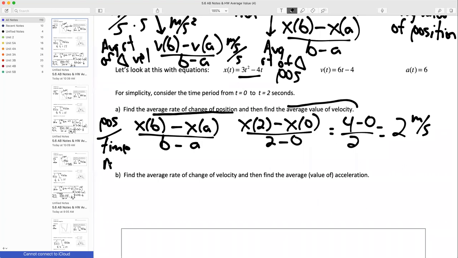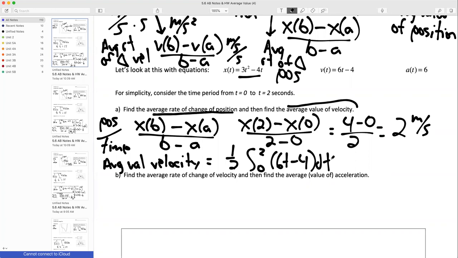So I've got 1 over b minus a, so 1 over 2 minus 0, which is 1/2. The integral from 0 to 2. And here I need my velocity, right? And so my velocity, specifically in this instance, is 6t minus 4 dt.